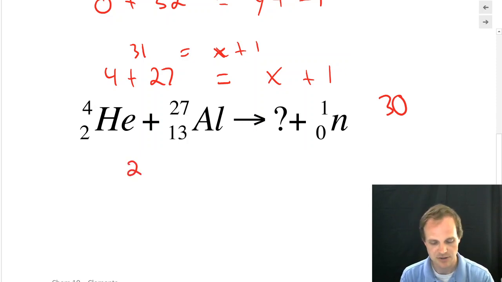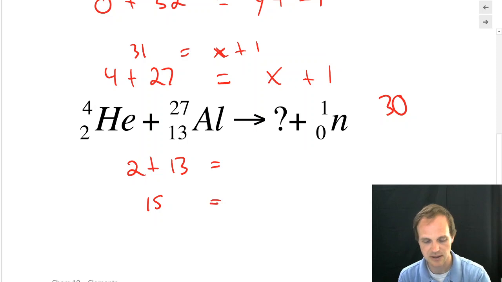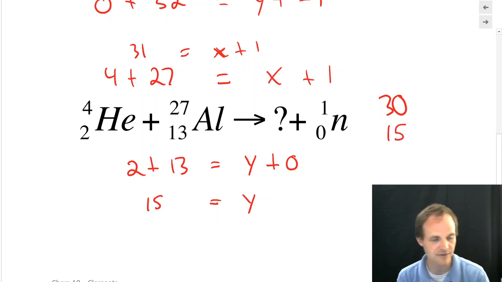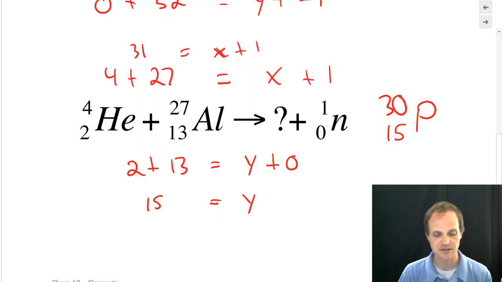And then on the bottom, 2 plus 13, that's 15, is equal to y plus 0. So 15 is equal to y. We get 30, 15. You find element 15 on the periodic table. It is phosphorus. So you smash together helium-4, aluminum-27. You get a neutron and phosphorus 30.